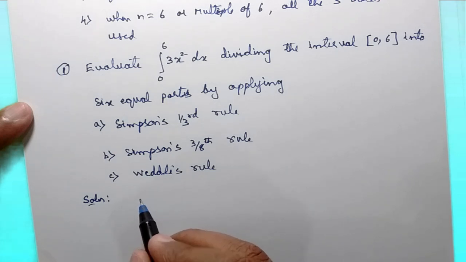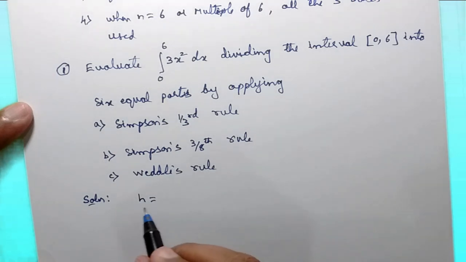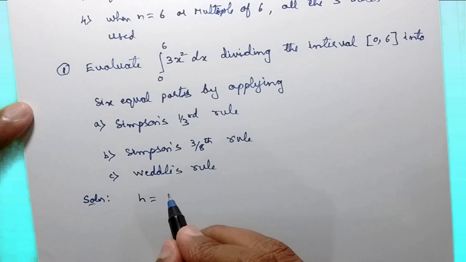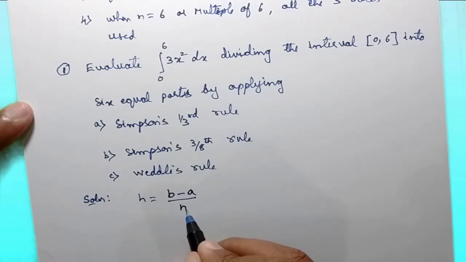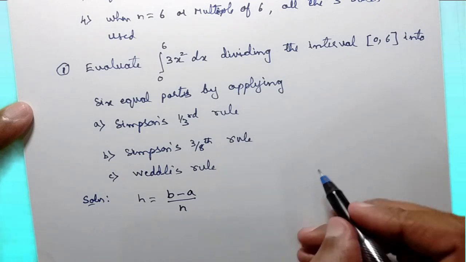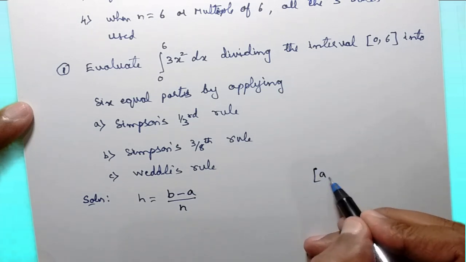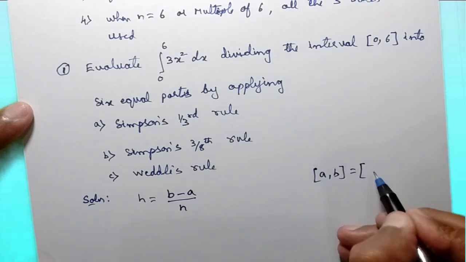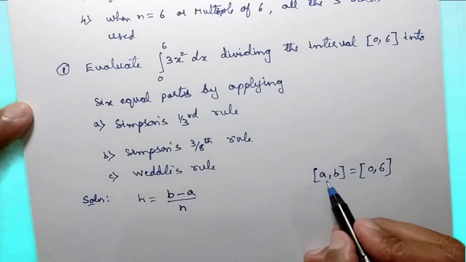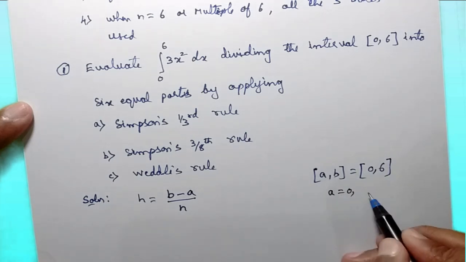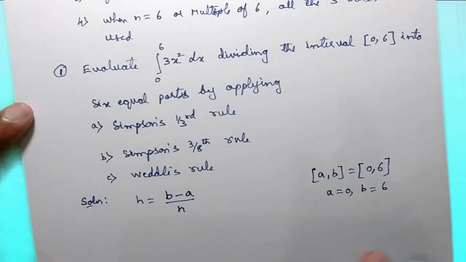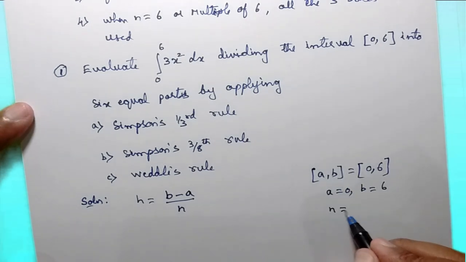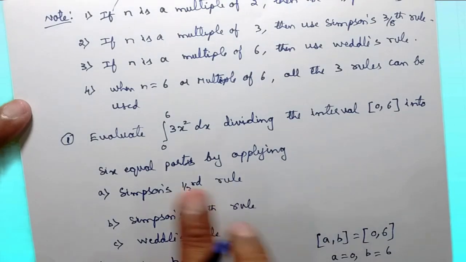The value of h, the formula is the final value minus the initial value divided by the number of values. If you look at the interval a comma b, it is nothing but 0 comma 6. So the value of a is 0, and the value of b is equal to 6. What is the value of n here?